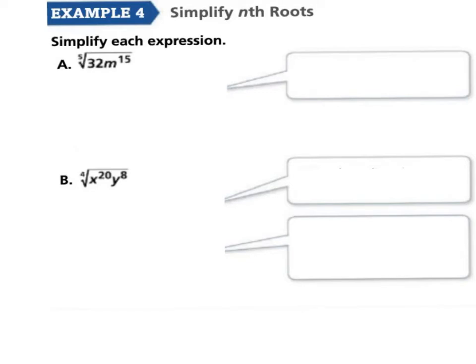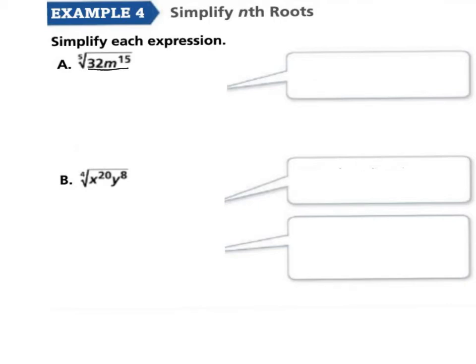All right, so those were how we simplified using numbers. Now we're going to use actual expressions and simplify them. What we're going to do is first try to rewrite our radicand, the thing under our radical. So how can we do this?